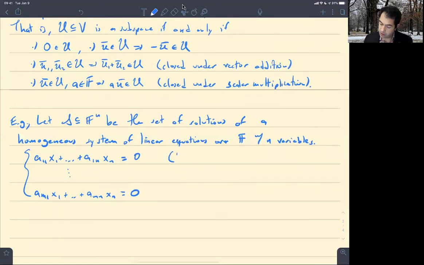So here, homogeneous means that the right-hand side is 0.